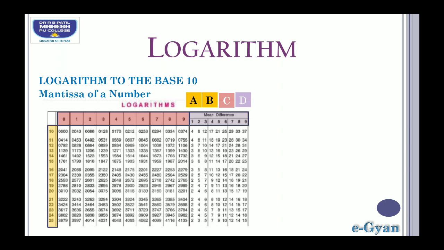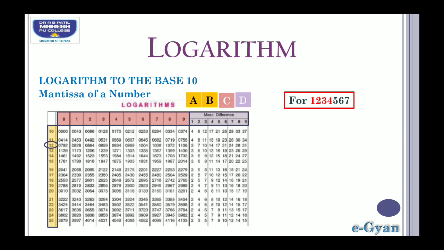Now, how do we use this? Say for the number 1234567, the first four digits are 1, 2, 3, 4. So, A is 1, B is 2, C is 3, D is 4. Since A and B together make 12, the row AB is chosen to be 12.